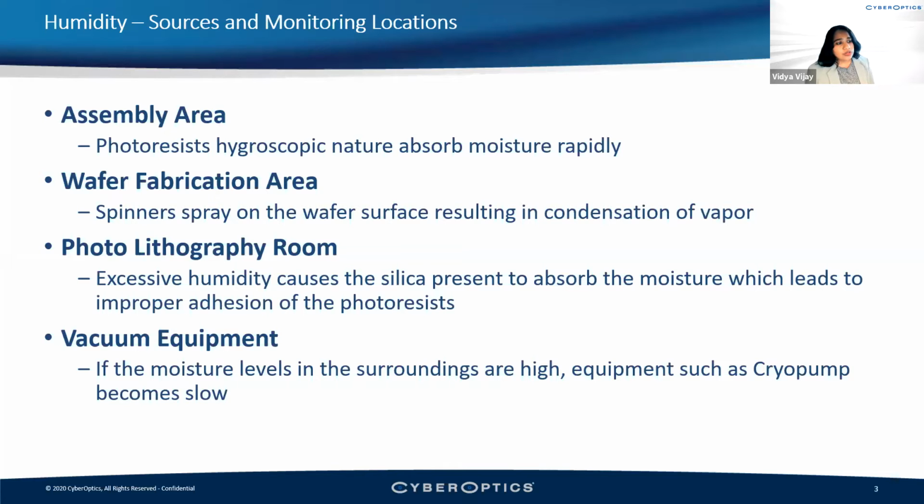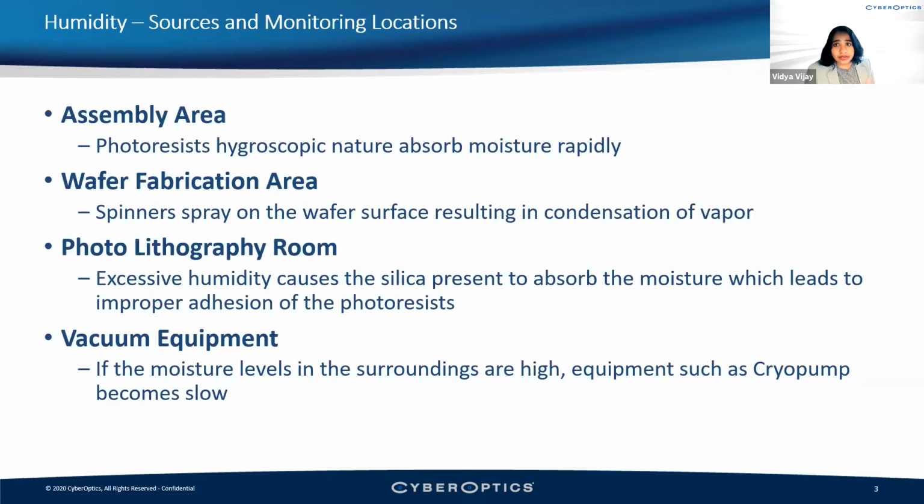In photolithography, again, when there is water vapor absorbed in the photoresist, there is improper adhesion, and that is not very helpful when the patterns you want on your wafers don't stick to them.